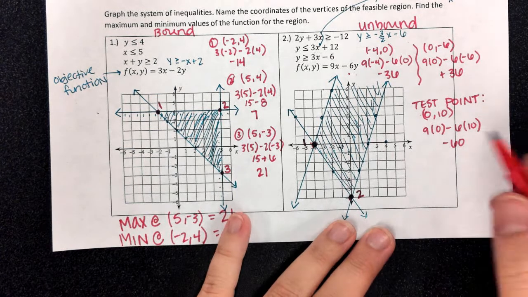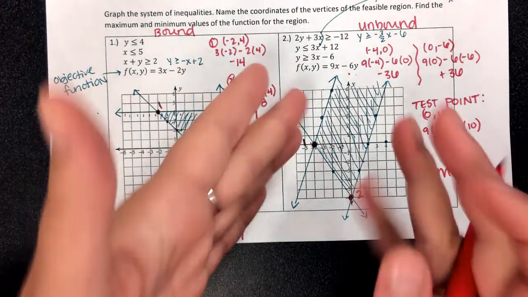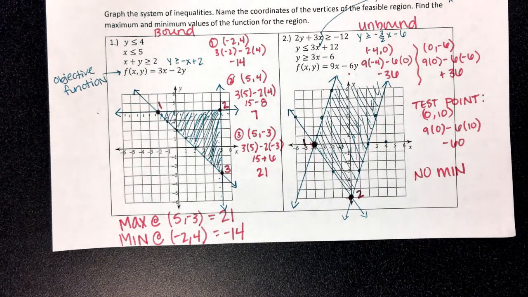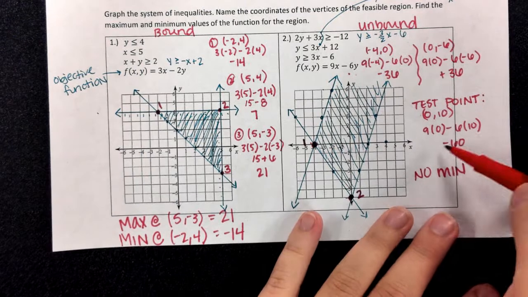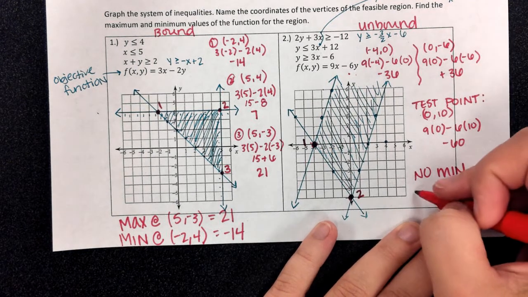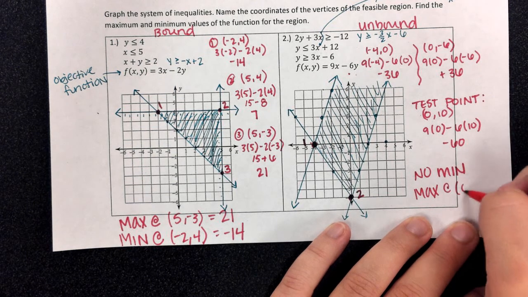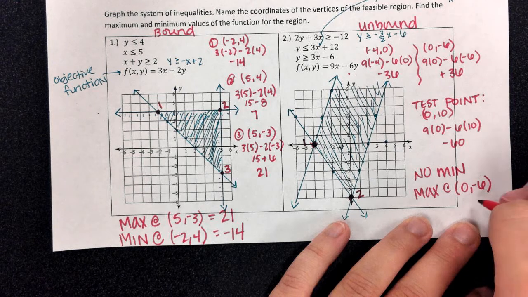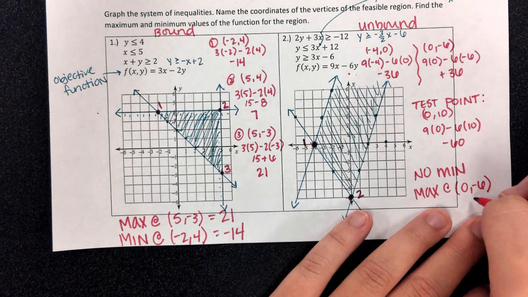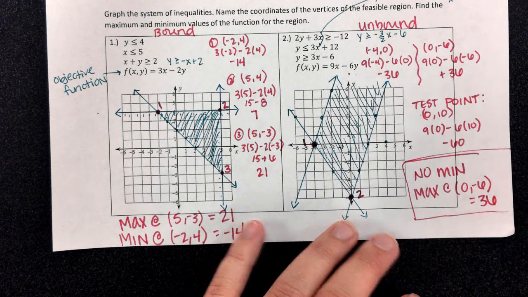So I know that this graph will have no minimum because it keeps going and going and going, and my numbers will keep getting more negative. But I do know that it has a maximum at 0, negative 6, and that maximum equals 36. So these would be my two answers.